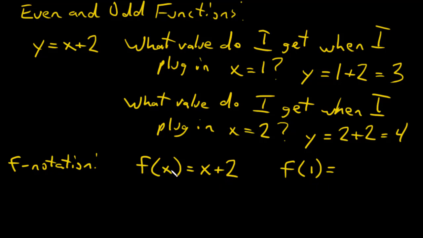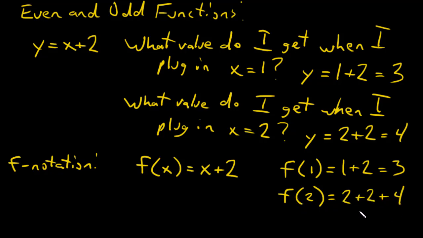So f of x is x plus 2, f of 1 is 1 plus 2, and I get 3 out. And similarly, if I do f of 2 is going to be 2 plus 2, which is 4.